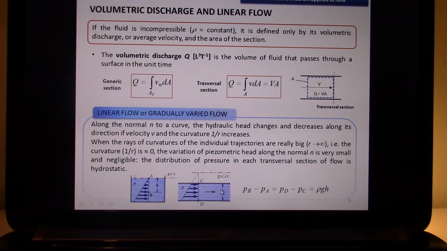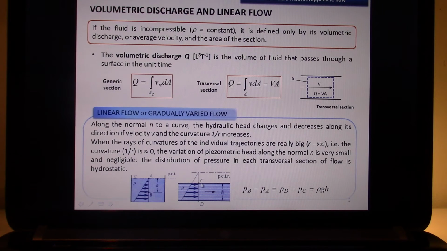Right here on your right you see the scheme where you have a flow, so you have a fluid that is moving, it's not at rest anymore, and in this case your trajectories are almost linear, which means that the curvature of your trajectories is almost equal to 0, and again this condition is valid.